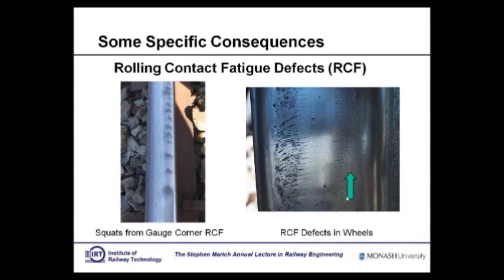These are also rolling contact fatigue defects, and sometimes they look pretty nasty, like the squats on the left-hand side. These are squats that actually develop from those fine cracks, and you can see these cracks in the wheels. You can see millions and millions of these cracks occurring in wheels as well. So they occur in both rails and wheels.